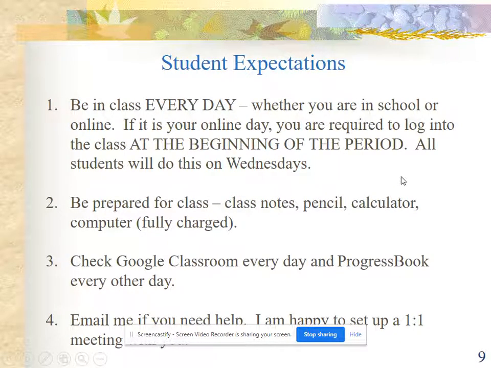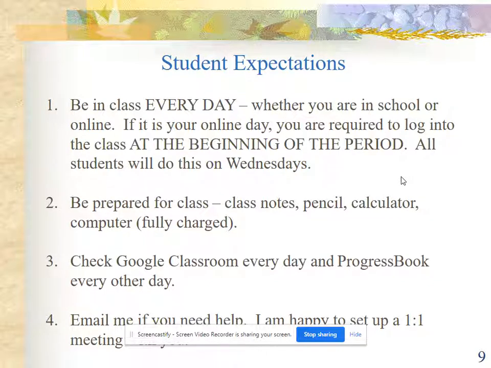Expectations of the students. Number one is to be in class every day, whether it's your day to be at school or whether it's your day to be online. And if it's your online day, you're required to log in at the beginning of the class period. And then if it's a Wednesday, all students will be required to log in at the beginning of the period. So be prepared for class.